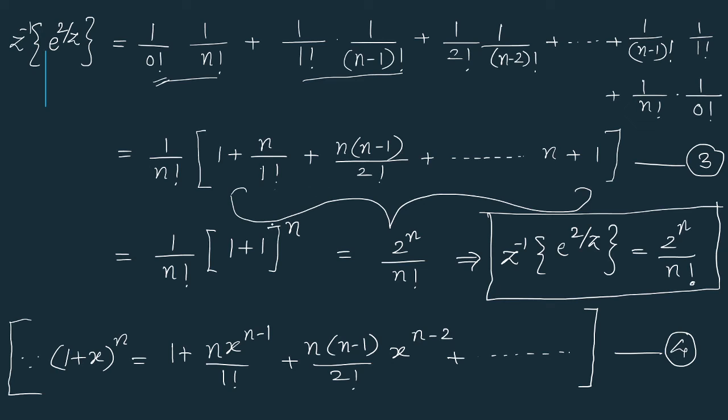Now, this bracket value is nothing but the expansion of 1 plus x to the power n. Therefore, here if we observe the terms, the value of x equal to 1. Therefore, we write here 1 and then 1 plus 1, 2. 2 to the power n upon n factorial. Therefore, z inverse of this value equal to 2 to the power n upon n factorial.